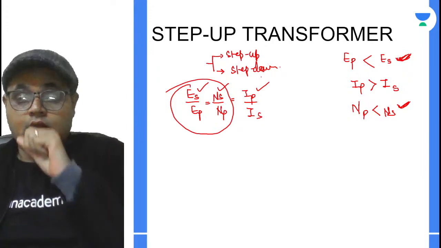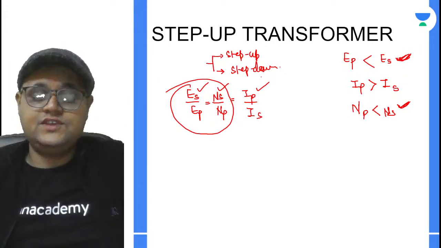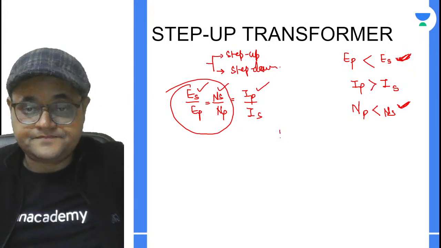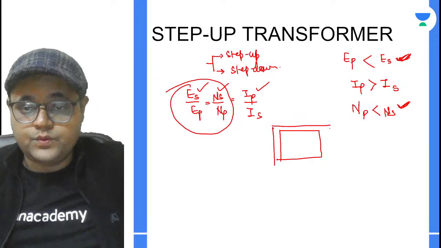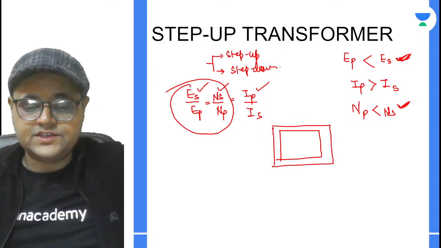Fine. Now in your board examinations they draw a diagram. Let us suppose this is a diagram and this question has been asked, which type of transformer is this? Just try and analyze.